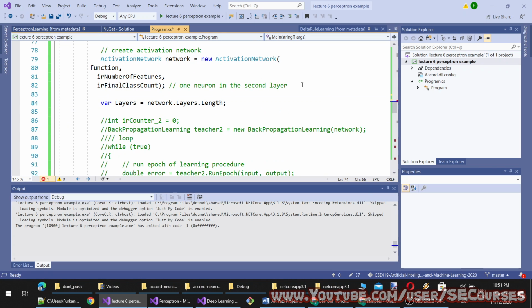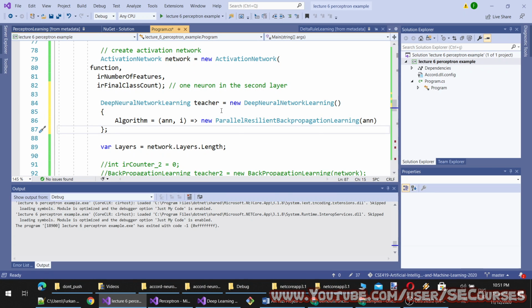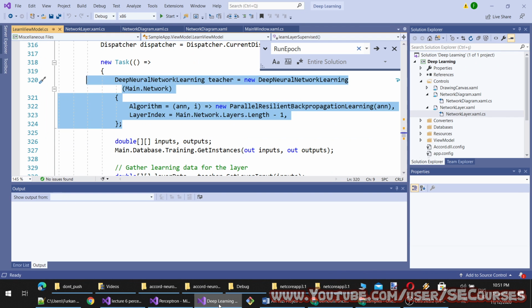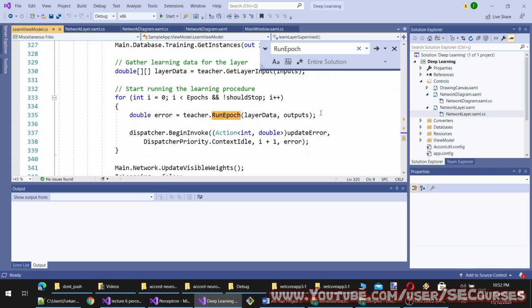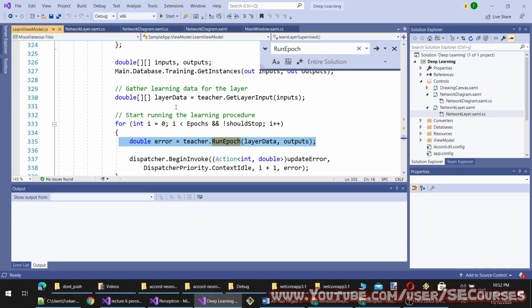Okay, activation network, and layer data.